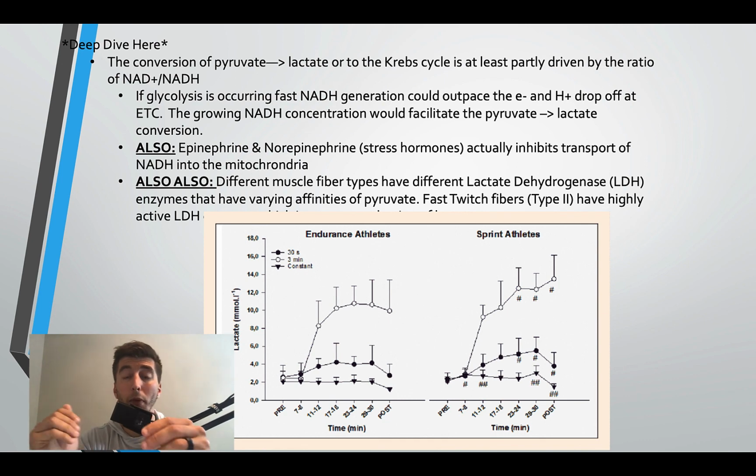It explains why bodybuilders are able to get higher lactate values than individuals that lift weights for hundreds and hundreds of reps. So you can actually condition your body to handle lactate or to clear lactate. The faster twitch fibers create lactate a lot faster, and that's what you're seeing in this graph. I don't want you guys necessarily to know that for a test, but it's an interesting piece of information that I hope starts to tie some of this together for you.